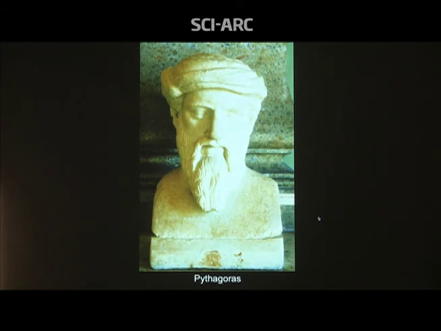So this is Pythagoras. He's one of the first revolutionaries of this concept in about 500 BC. He was a philosopher and a mathematician, and among his many discoveries, he revealed that harmonies and relationships in the universe could be given expression through numbers.